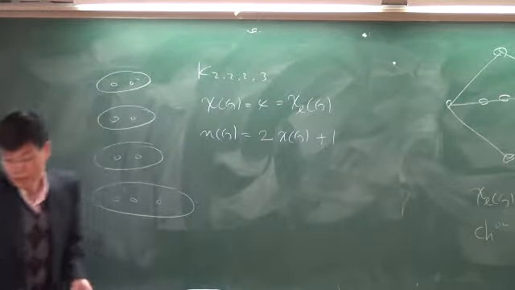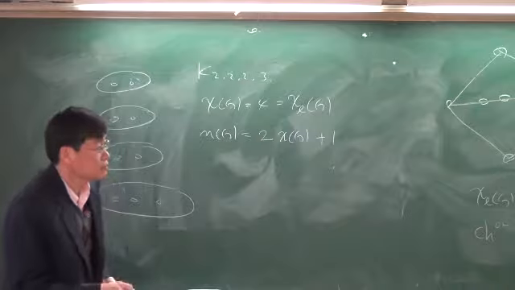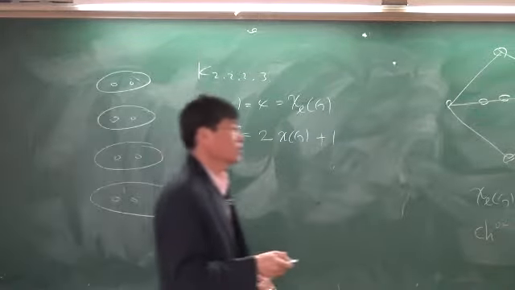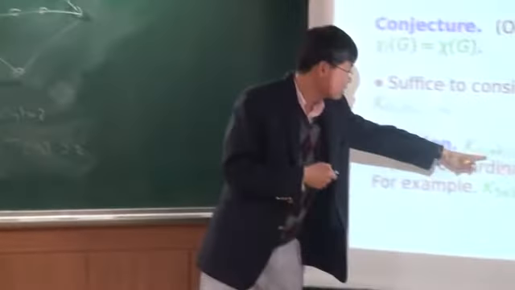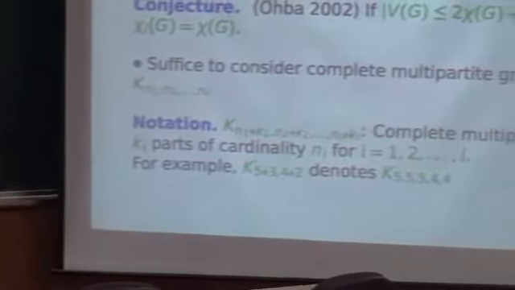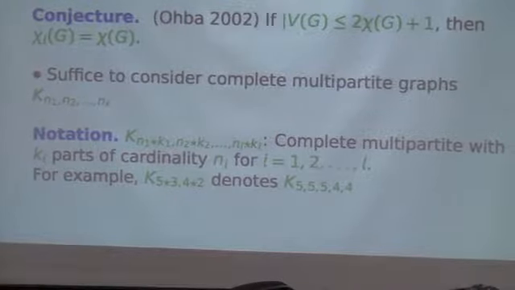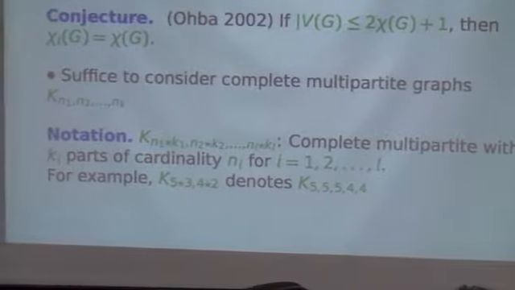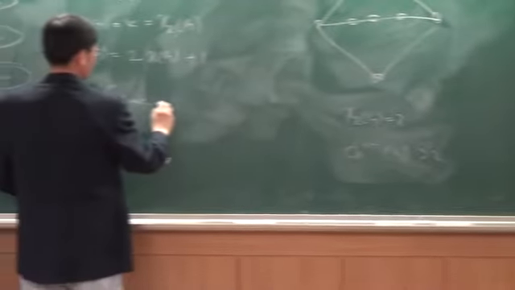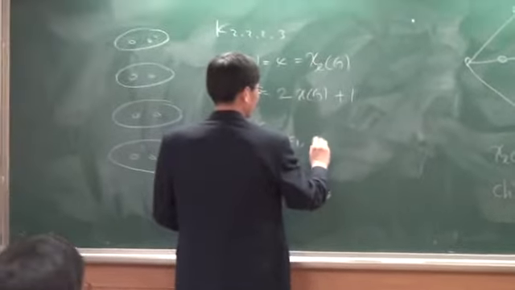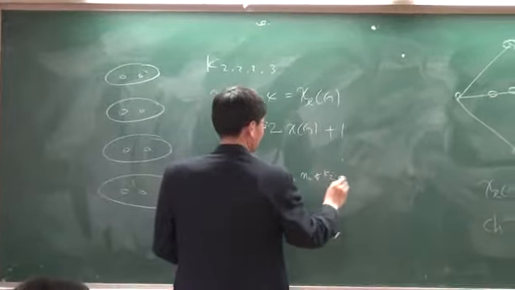So from now on, we use this type of notation of a star. Here, what the meaning is: K1 star N1 and N2 star K2. What does it mean?